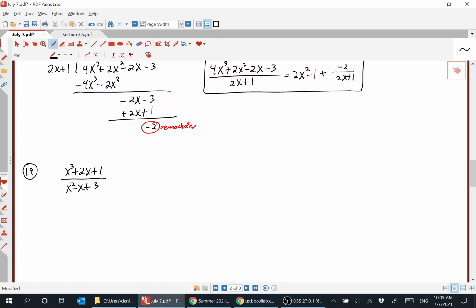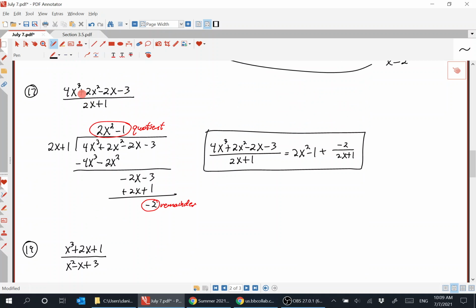So do our division here. By the way, the difference in the degree of the top and the degree of the bottom. So what's the difference here? The difference here is 1. Right? So at most, you'll go through 2 iterations.